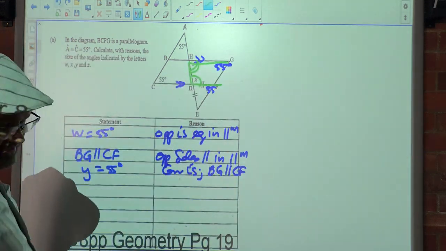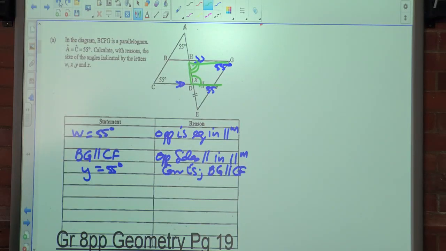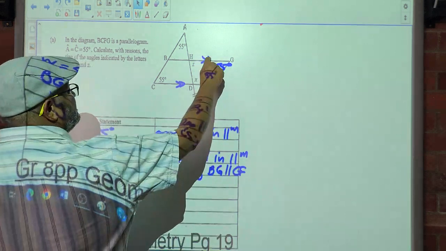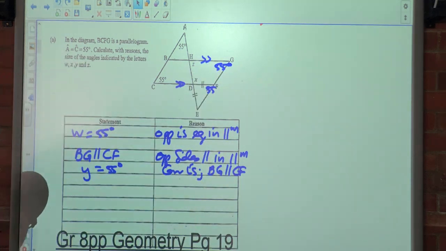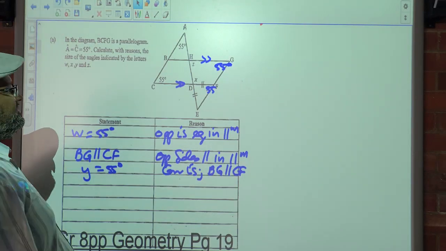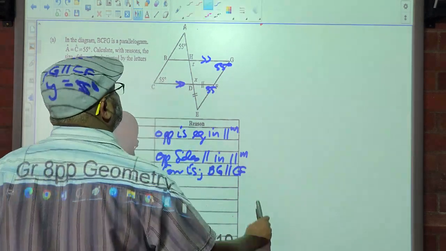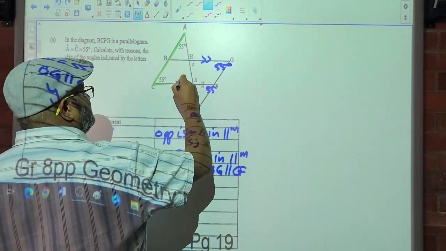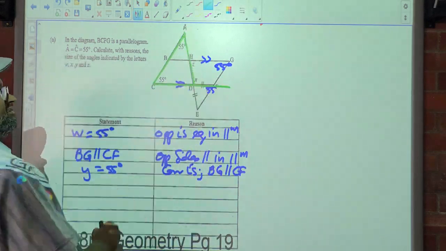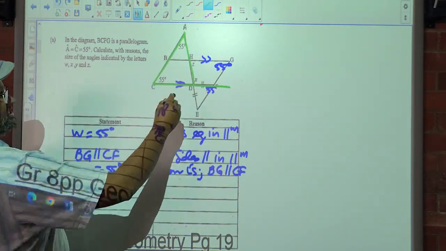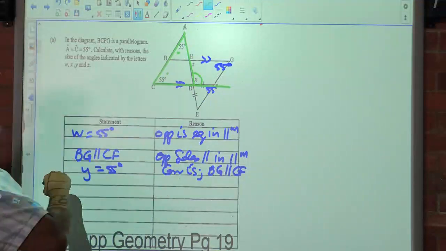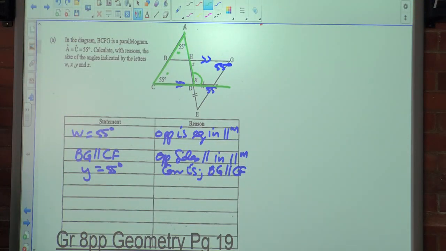There's a Z angle as well. Yes, absolutely. You all see that? Exterior angle is equal to the sum of the two interior opposite angles. Easy.